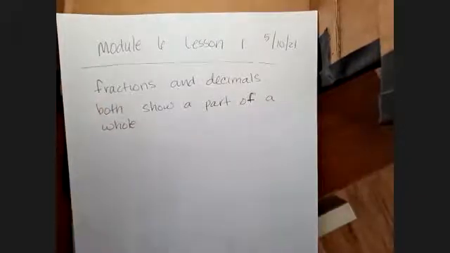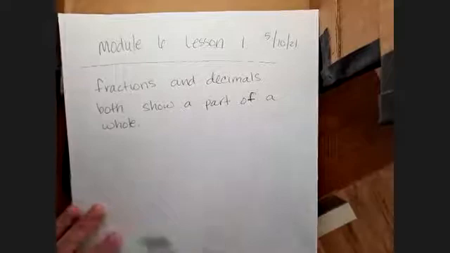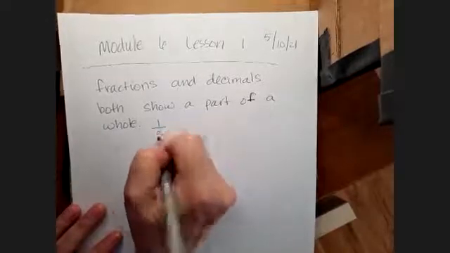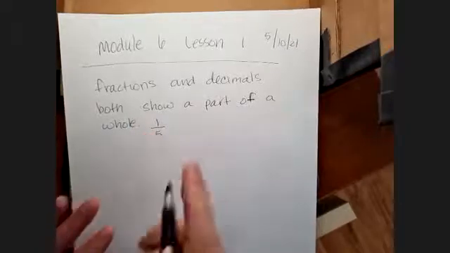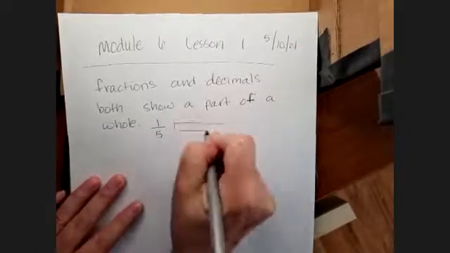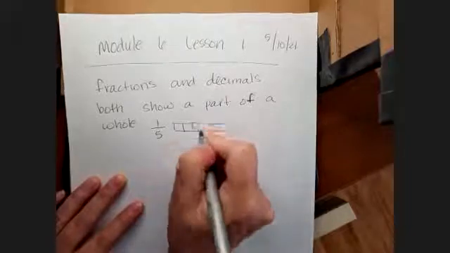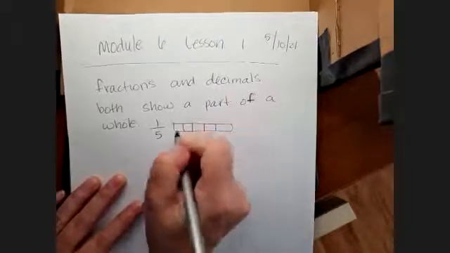For example, if we have a fraction like 1/5, this is not a whole. It's one part out of a total of 5 parts in your whole. So if this is your tape diagram, you'd have 5 parts, 1, 2, 3, 4, 5, and one of them would be shaded.